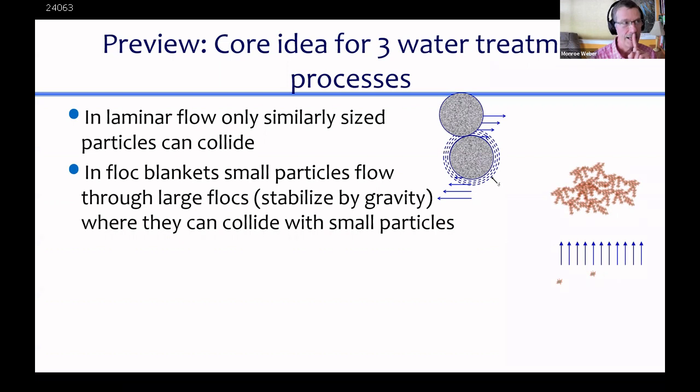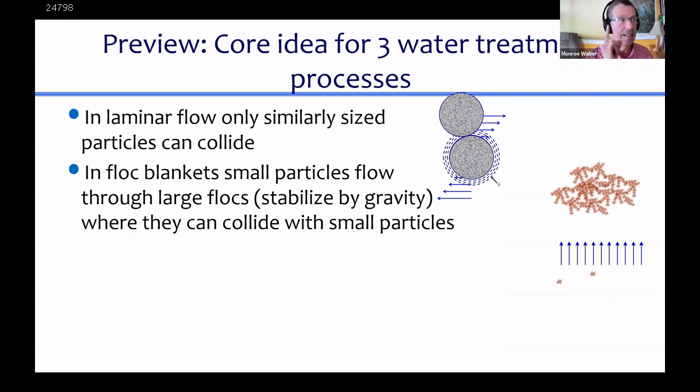But it's a very interesting case. In the flock blanket, there's much less shear, and so the flocs aren't rotating and creating a boundary layer around themselves. Instead, we have a big web floc that's falling slowly in the water, or the water is traveling up through and around the floc.